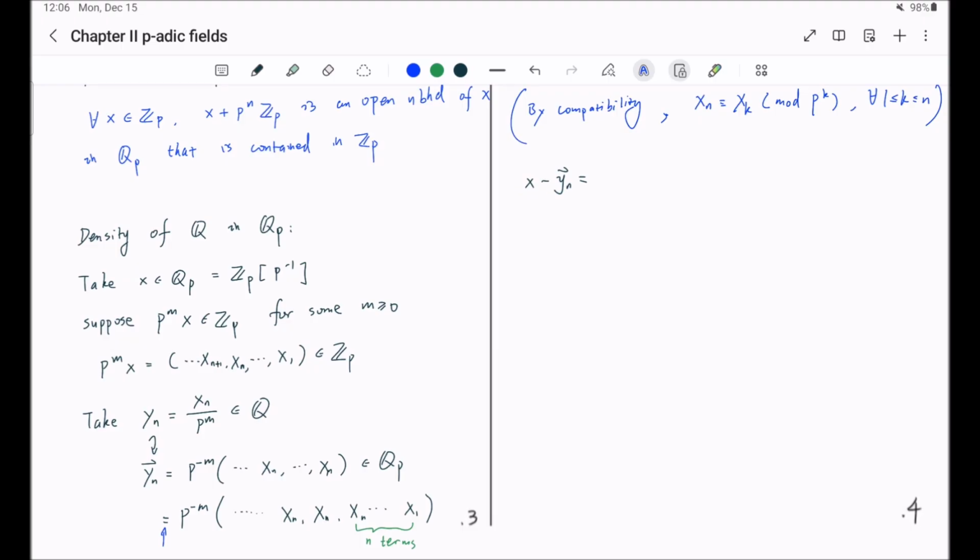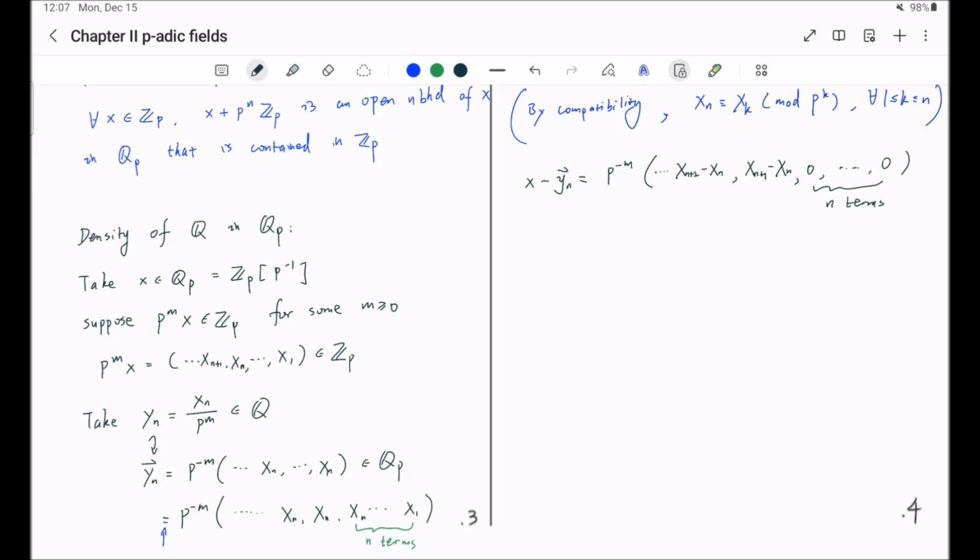When you take the difference, the first n components will vanish because they have the same first n components. So this is p to the negative m, and the first n components are zeros. And starting from the n plus 1's position, they might be different.